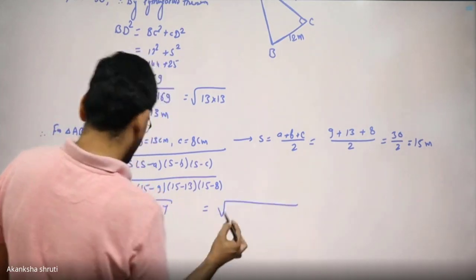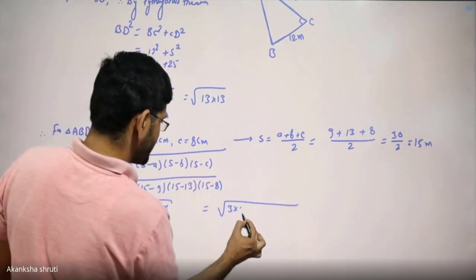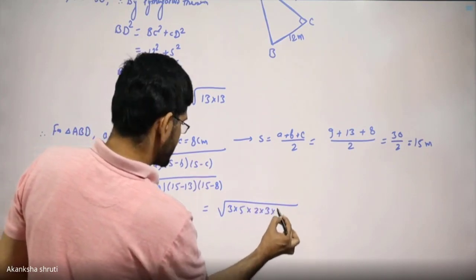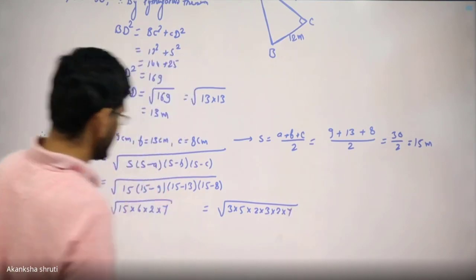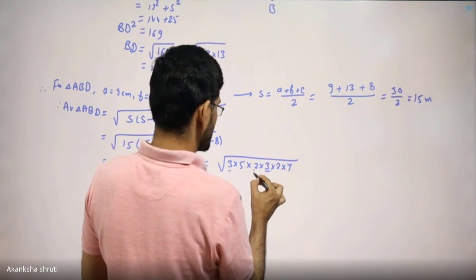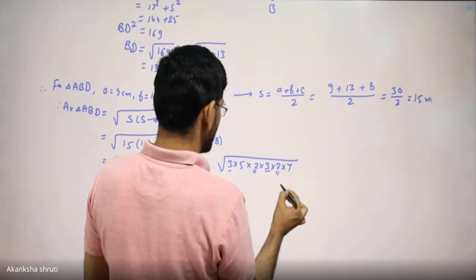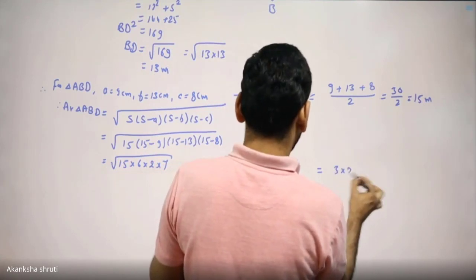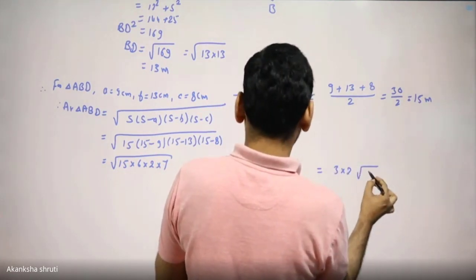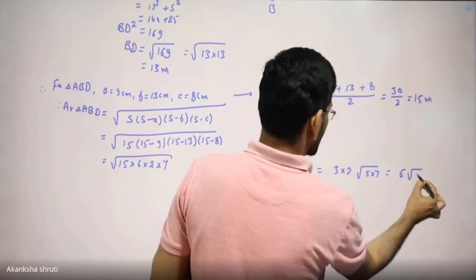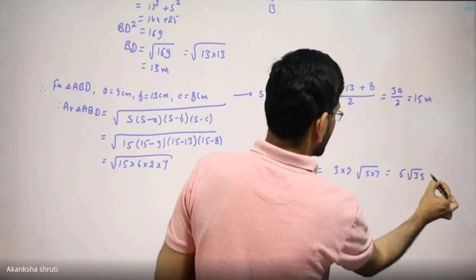So break this 15 as 3 into 5, this 6 as 2 into 3, and the other 2 and 7 are already there. So students, here 3 and 3 can be taken out. This 2 and this 2 can be taken out, and 5 and 7 will remain inside. So it will be 3 into 2, but inside the root, what is left is 5 into 7. That becomes 6 root of 35 meter square.